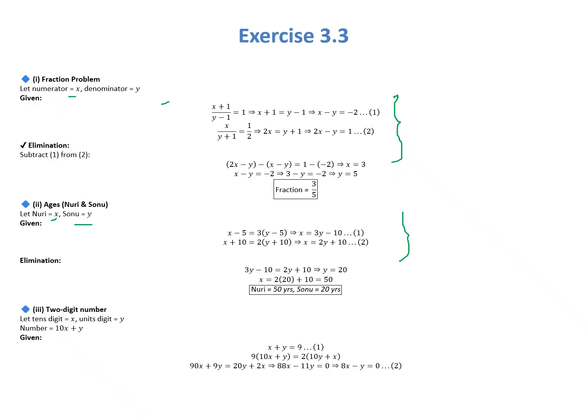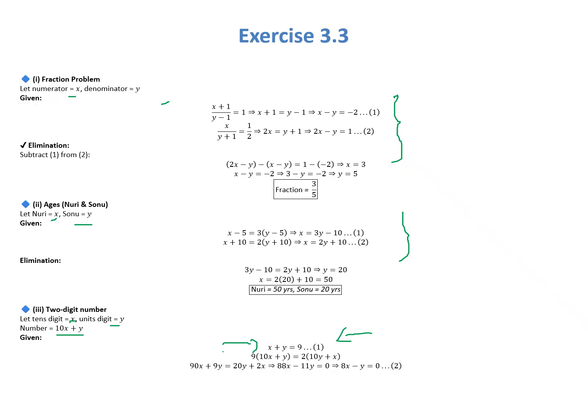Now we'll come to another question, of digits. Again, we have to assume the tens digit as x and the units digit as y, and our original number is 10x plus y. We are given that the sum of the digits of the two-digit number is 9. So x plus y is equal to 9. This is the first equation. And in the second equation, what we are given is that 9 times the original number is equal to twice the number obtained by reversing the digits.